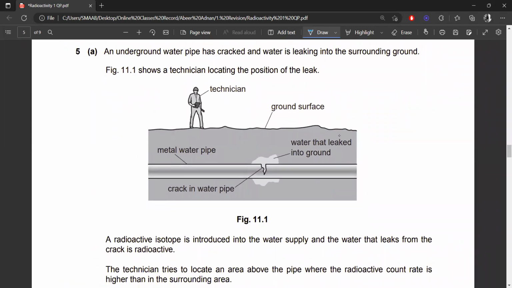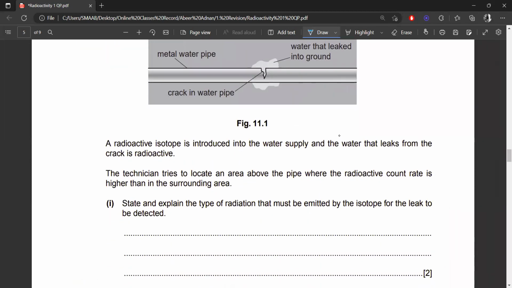Okay, so number 5: an underground water pipe has cracked and water is leaking into the surrounding ground. Figure 11.1 shows a technician locating the position of the leak. A radioactive isotope is introduced into the water supply and the water that leaks from the crack is radioactive. The technician tries to locate an area above the pipe where the radioactive count rate is higher than in the surrounding area.